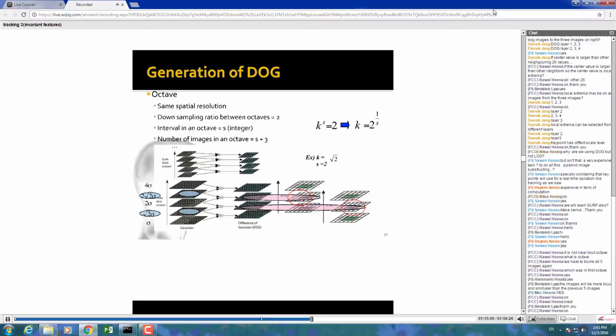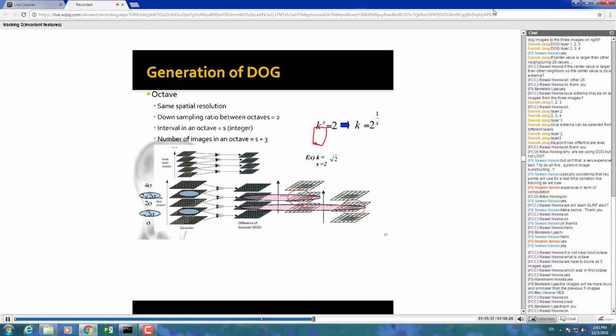The last sigma of the first octave is supposed to be the same as 2 sigma in the second octave. That is the assumption. So S starts from 0.